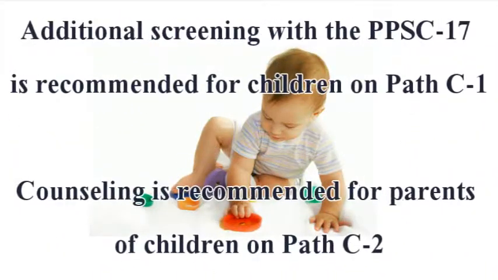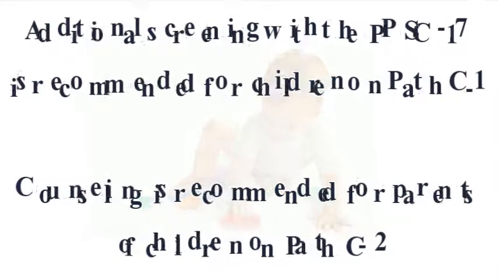For this reason, additional screening with the PPSC-17 is recommended for children on Path C1. The best response with parents of young children on Path C2 is counseling them about their concerns.